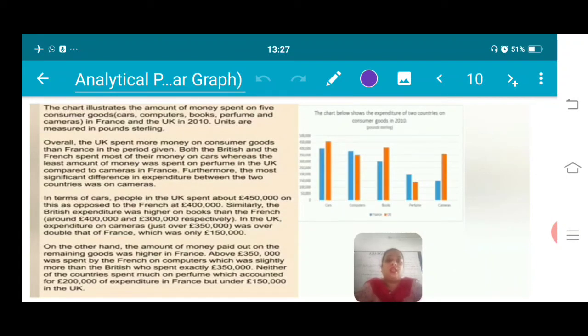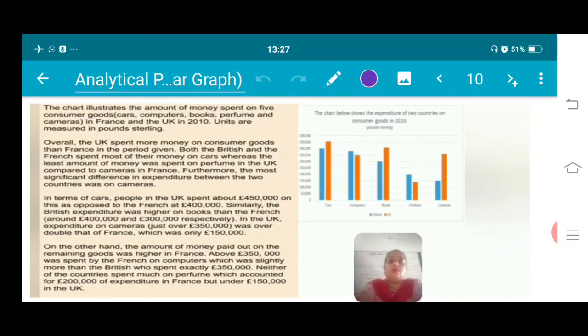Both the British and the French spent most of the money on cars, whereas the least amount of money was spent on perfumes in the UK compared to cameras in France.